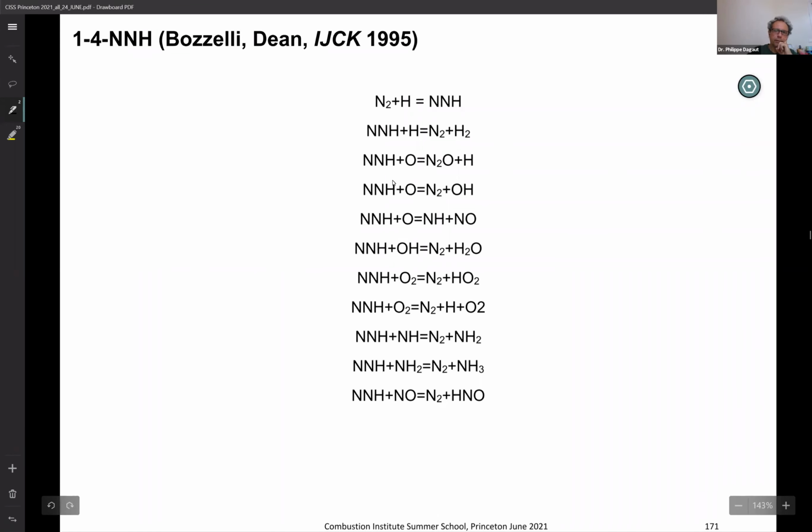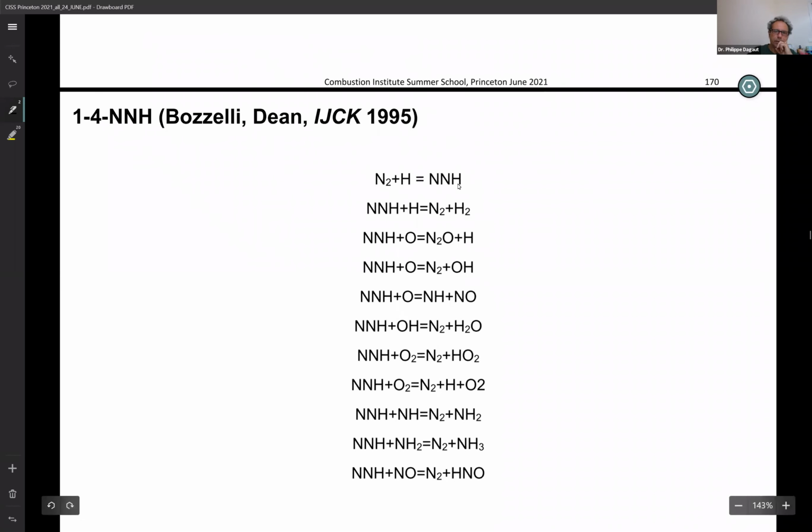There, N2 is attacked by H atoms to produce NNH, and NNH can be either reduced to form N2 again, or can be oxidized to produce N2O, to produce NH plus NO. NNH can be oxidized by OH, forming N2 plus H2O. It can react with molecular oxygen to form N2 plus HO2 or N2 plus H plus O2.